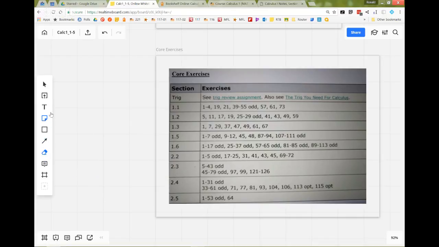So there it is. Now you notice that 9 to 12, it doesn't say odd. That means you really should do all of them. 87 to 94, it doesn't say odd, so you should really do them all. And then here we're back to odds again. So there's the assignment. Now, questions?